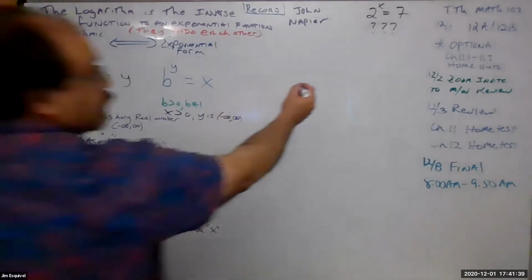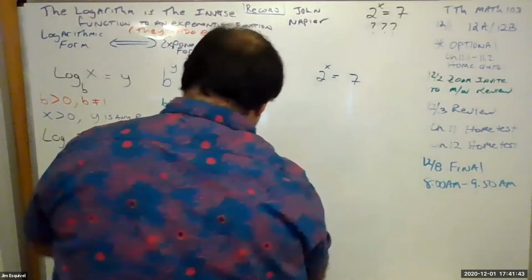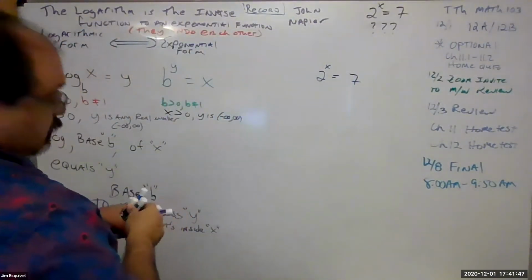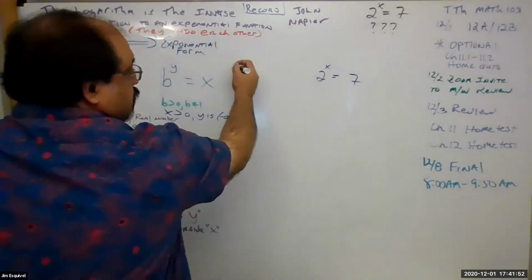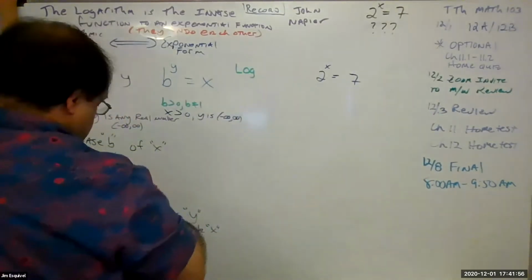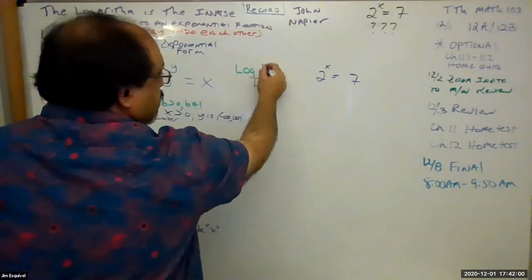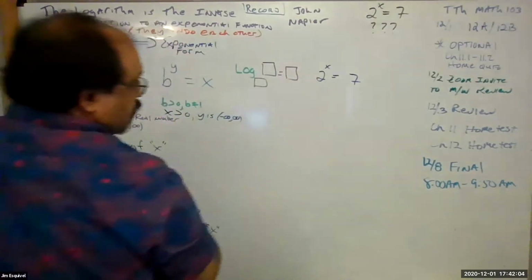So over here, 2 to the x equals 7. You would solve for x. Basically, you're going to fill in these blanks: log base somebody of something equals something across.